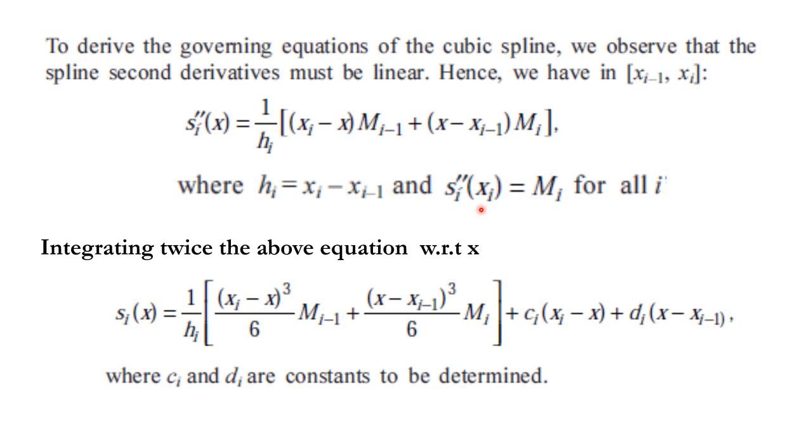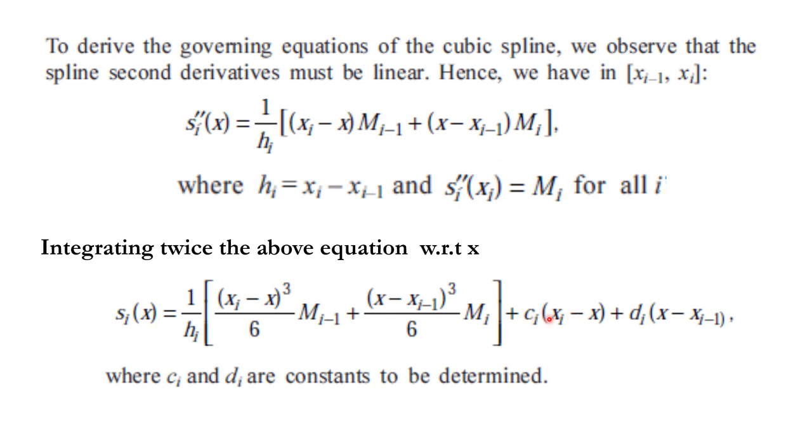To find si of x, we integrate this function twice. Integrating once, we obtain minus square by 2, plus square by 2, plus two constants. One constant corresponds to this one, because here the integration is with respect to xi minus x, and here the integration is with respect to x minus xi minus 1.